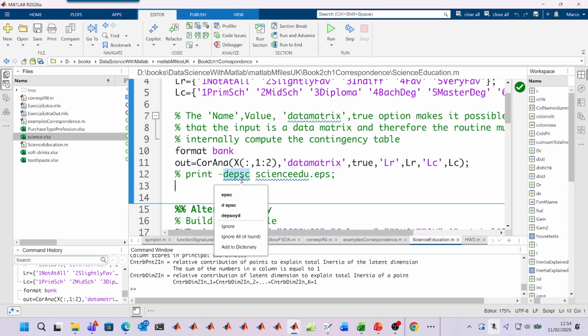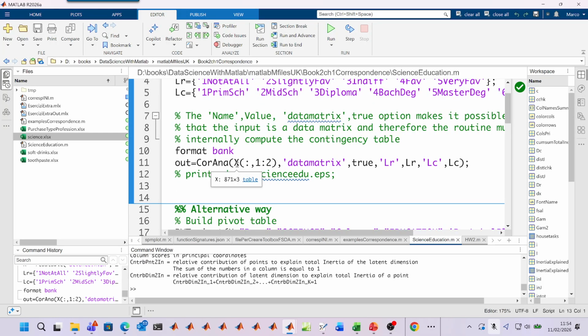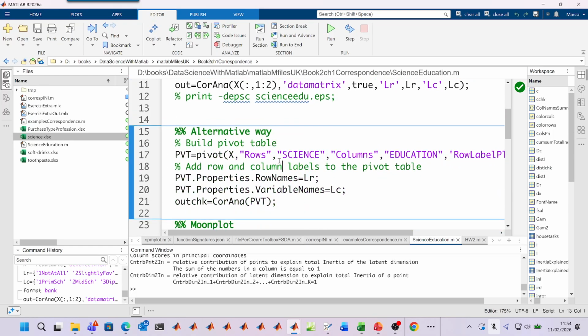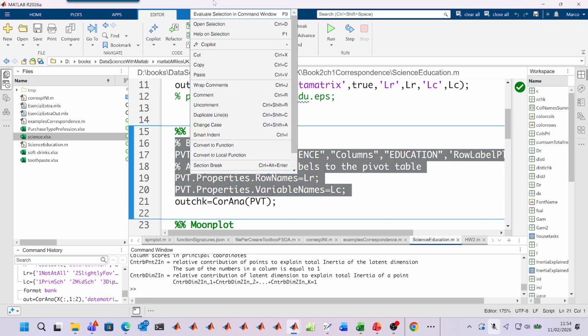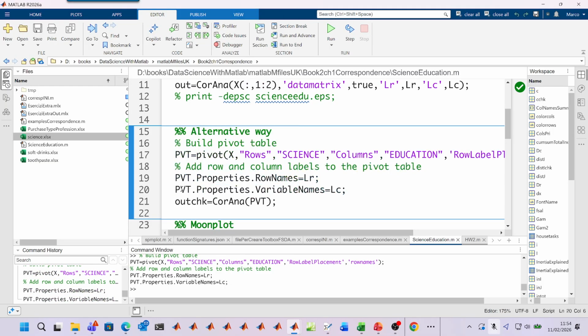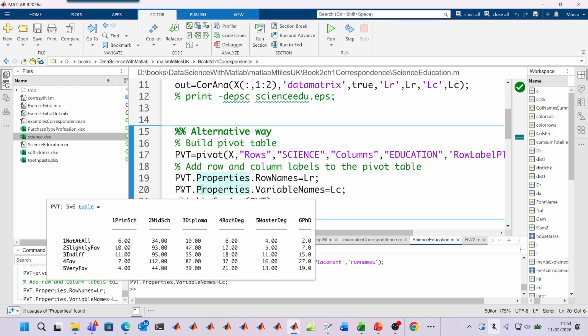Now, this was calling Corana directly on the original matrix, on the original table. Or otherwise, you build the pivot table. So you obtain this table here, and then you apply correspondence analysis to the contingency table. With crosstab, no way.